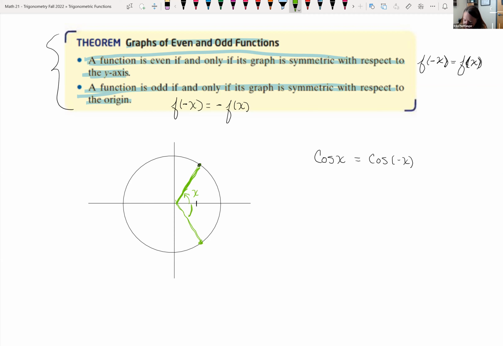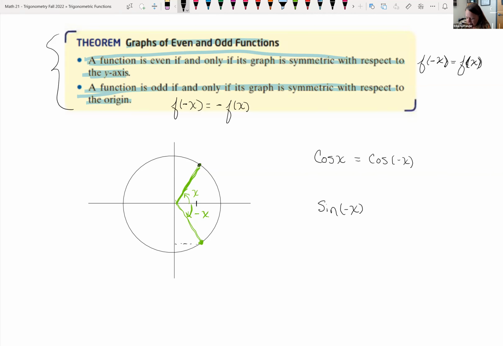So negative x, we're rotating clockwise. Where if we looked at sine of negative x, sine is our y value.